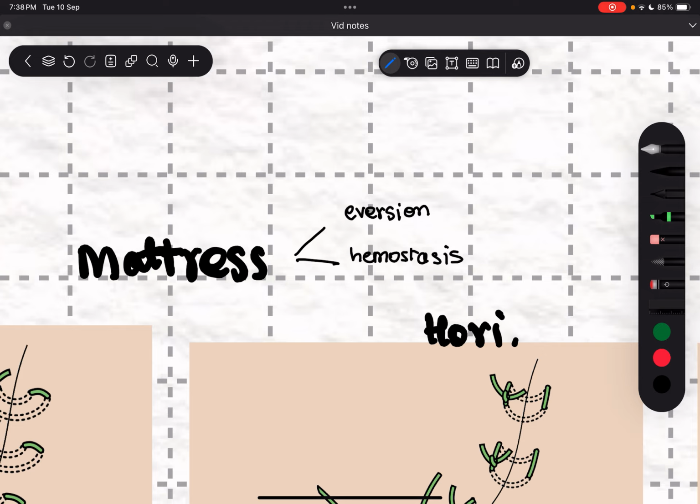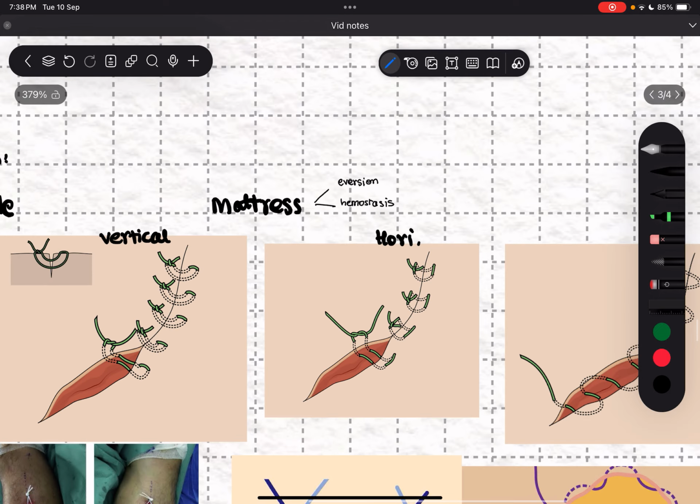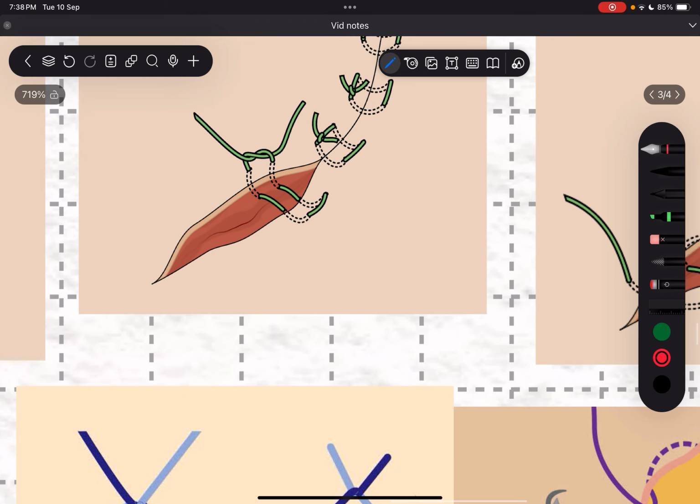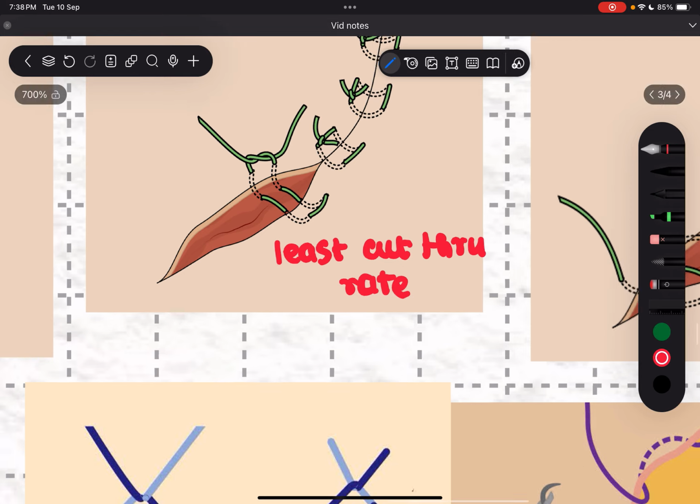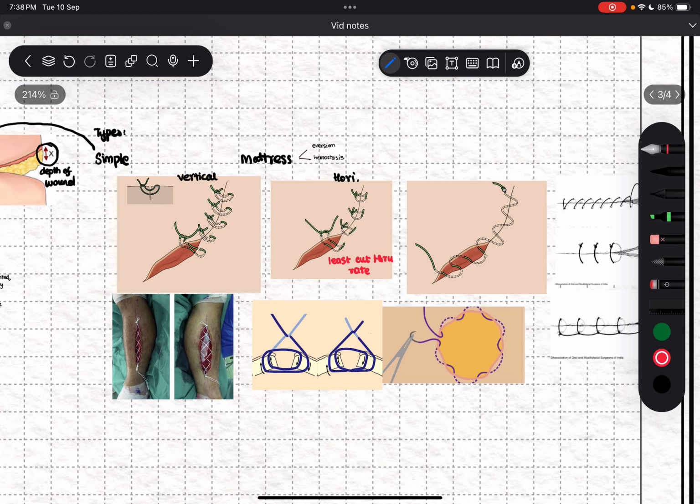The horizontal mattress suture has the least cut through rate. What is the meaning of cut through rate? Cut through rate means while pulling the suture, when we are trying to make it taut, the skin might get cut along with it, and it is happening the least in horizontal mattress suture.